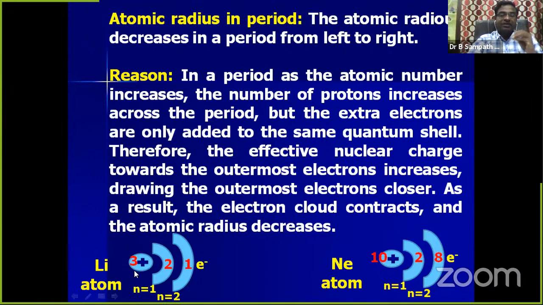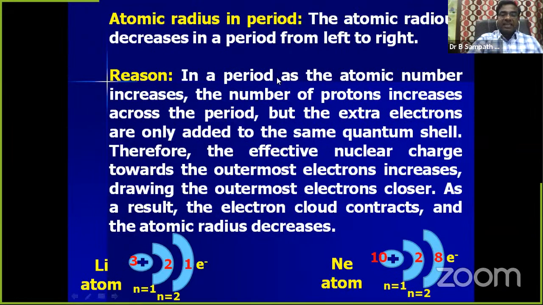Which period elements are these? Actually, these are the second period elements, children. Simply by seeing the electron configuration, we can tell that this lithium atom has 2 shells, n equal to 1 and n equal to 2. That's why it belongs to the second period. And this also has two shells. That's why this is also a second period element.